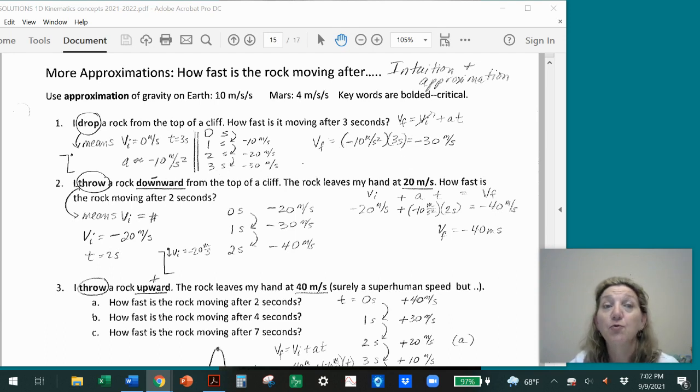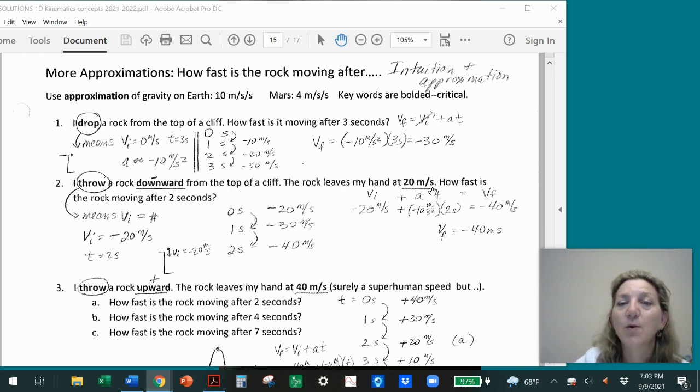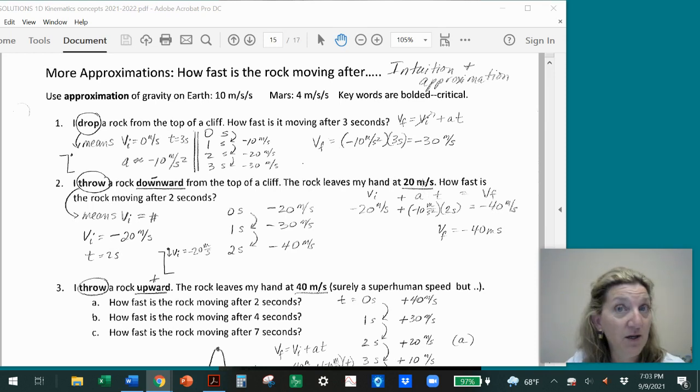How about I throw a rock downward from the top of a cliff? The rock leaves my hand at 20 meters per second. It must be negative because I threw it downward. How fast is the rock moving after 2 seconds? Well, now V initial is a number. Throwing gives it an initial velocity. I threw it downward. Here's that negative.